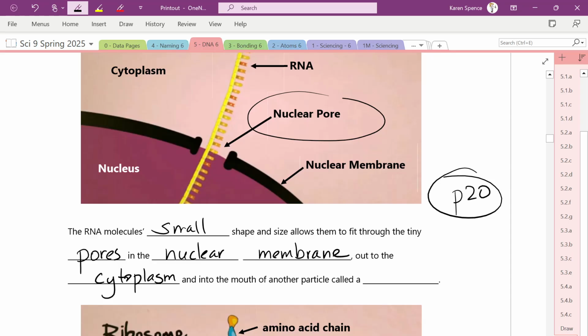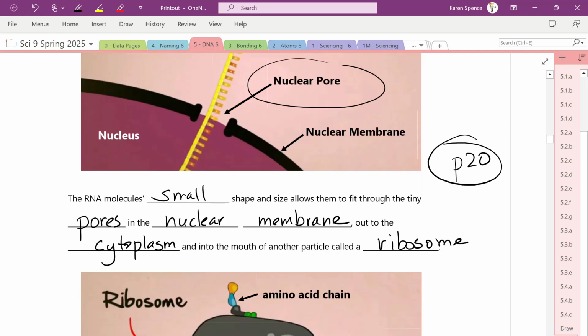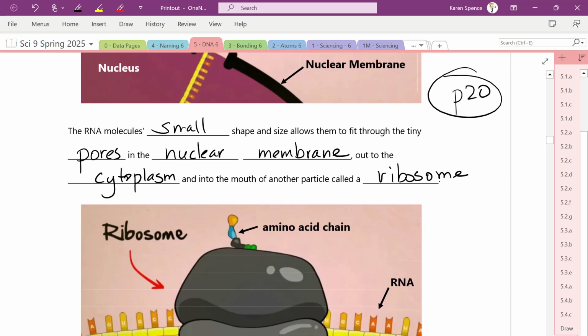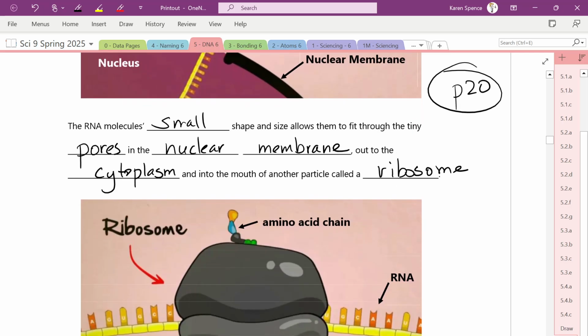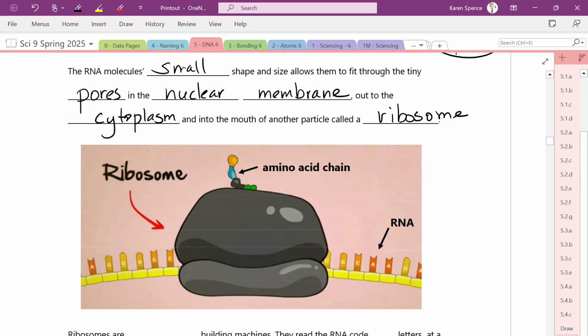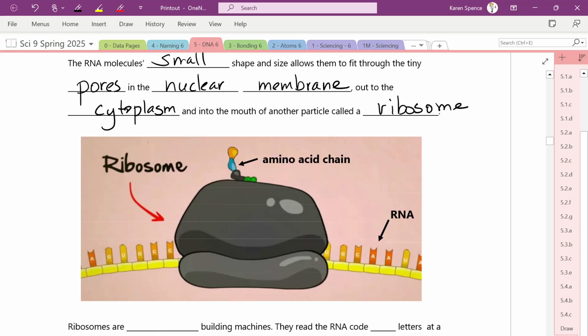And into the mouth of another particle called a ribosome. There's the ribosome. Ribosomes, what kind of building machines are they?